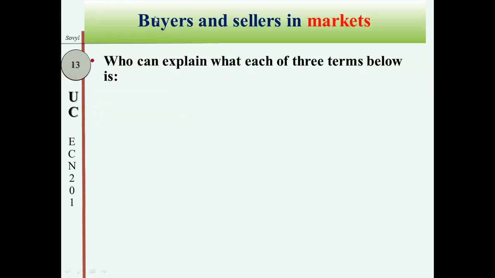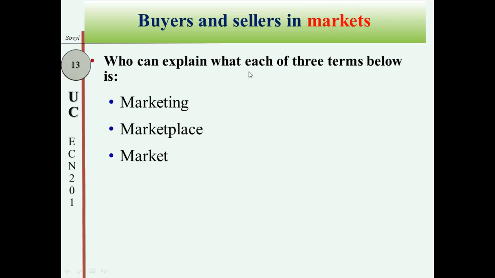Okay, buyers and sellers in the markets. We're talking about markets. I have 3 terms for you to answer. Who can explain what each of the 3 terms below means? What does marketing mean? What does marketplace mean? What does market mean?